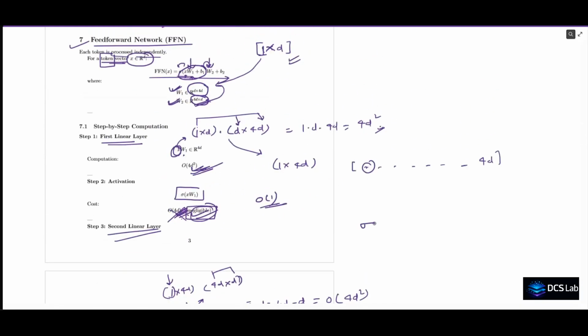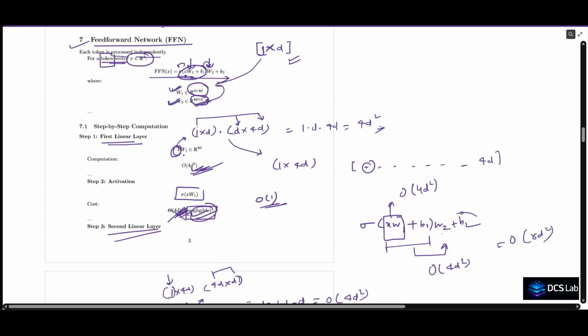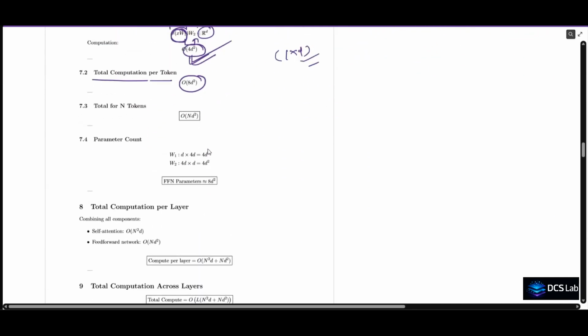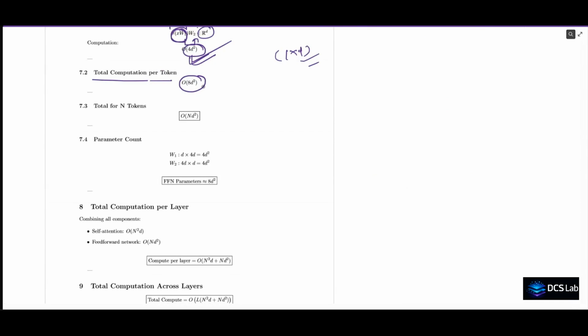Because the expression told us sigma of x W1 plus B1, times W2 plus B2. This we did, and it took us order of 4D square, and whatever was the result, we again did a dot product with W2. It took us again order of 4D square, so total order of 8D square. These additions have negligible contributions, and passing them through the activation function also had negligible cost. Now, if for one token this is the cost, you have n number of input tokens.